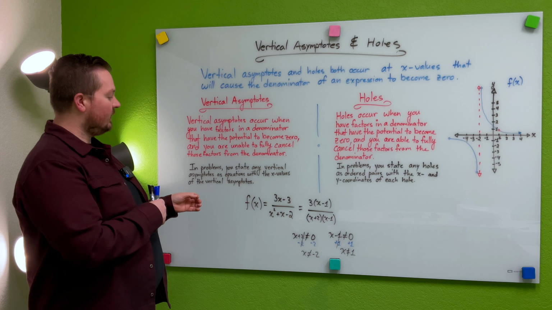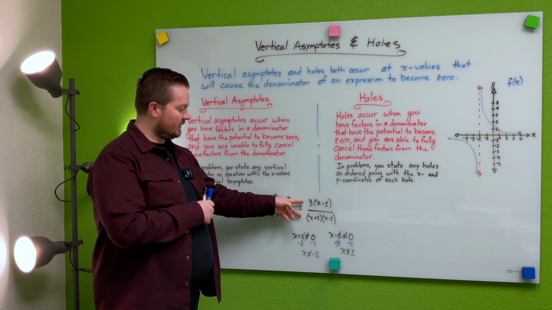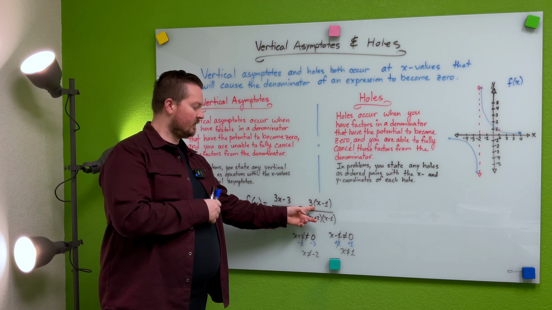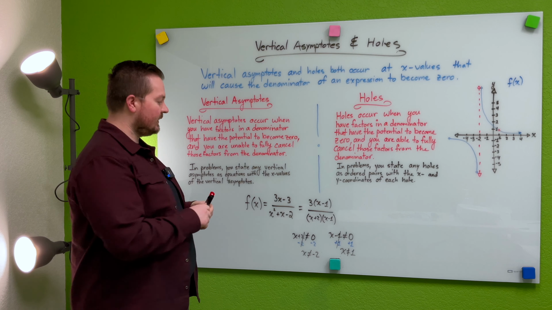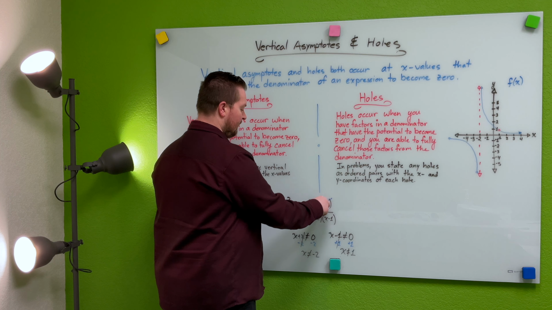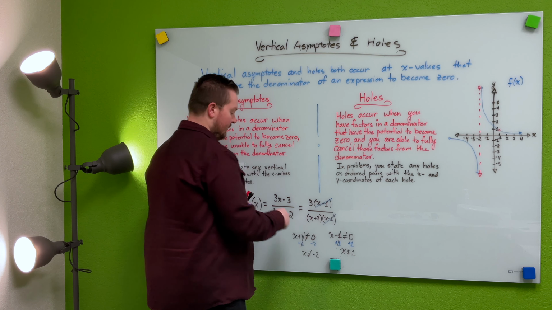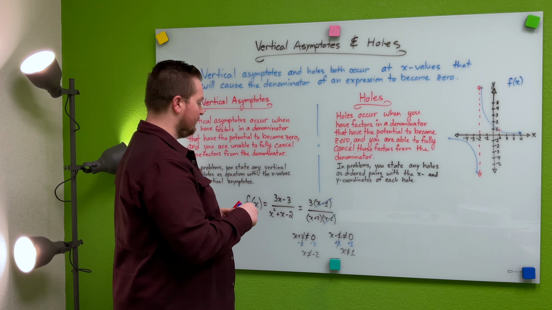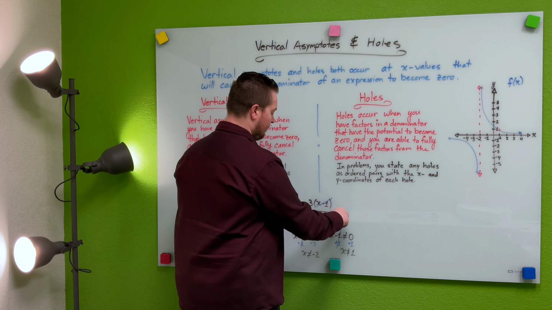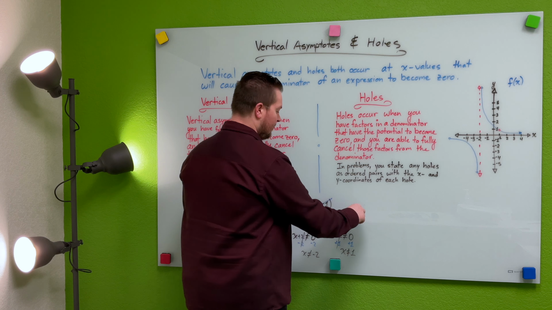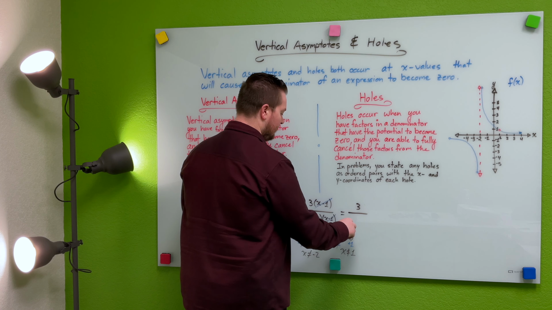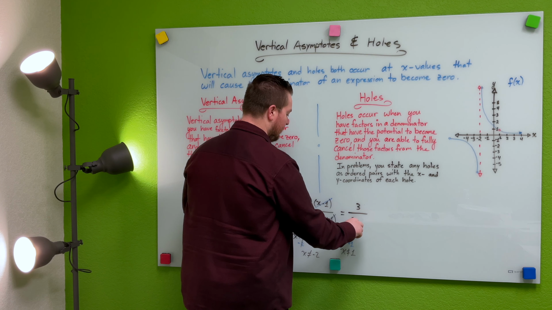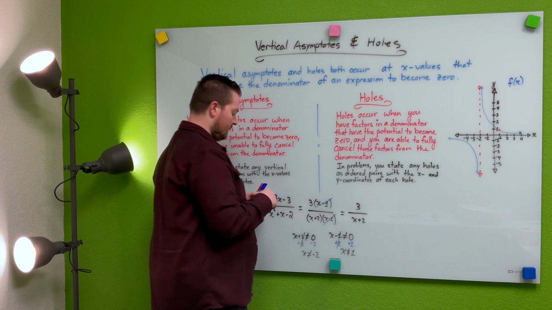This function has a common factor in the numerator and the denominator, and typically we want to cancel those common factors so that we can obtain a simpler function. When we do this, our simplest version of this rational expression is 3 divided by x plus 2.